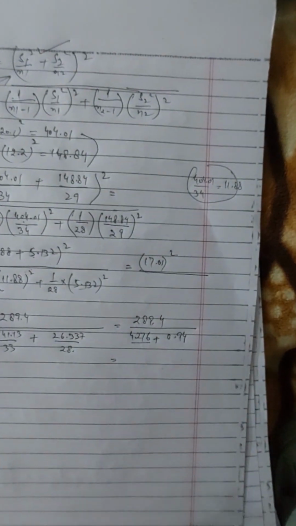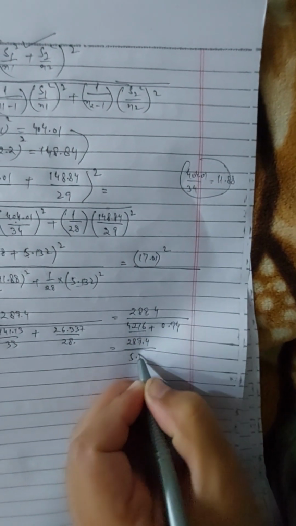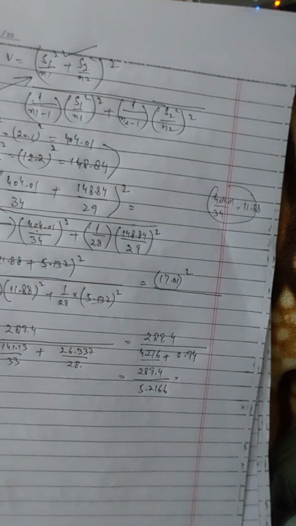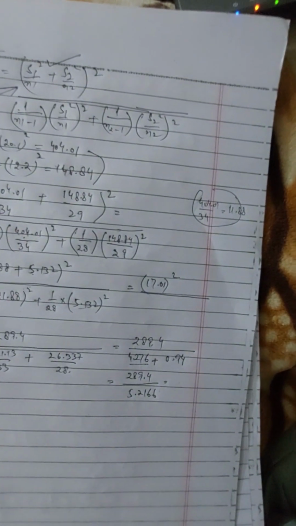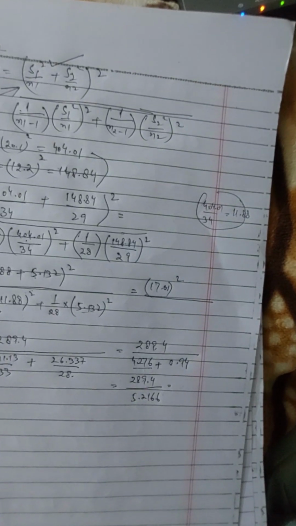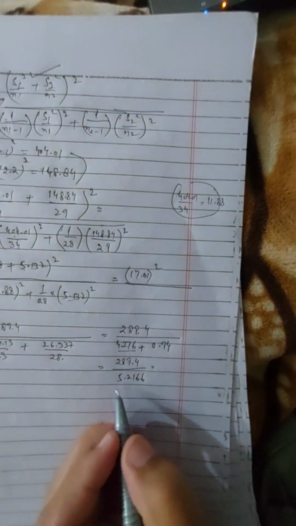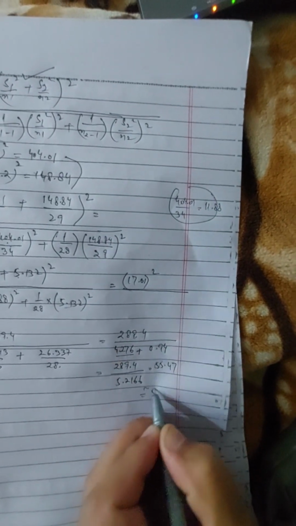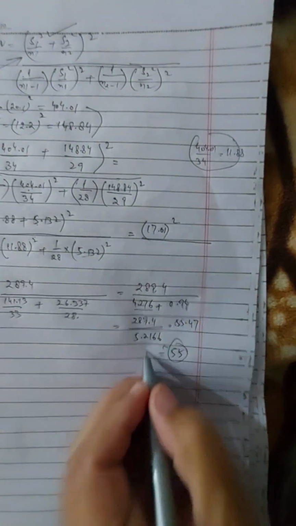It will give us 5.216. Okay, so 289.4 divided by 5.2166 will give us 55.47, which is equal to 55, rounded to 55. Okay, so the degree of freedom v is equal to 55.